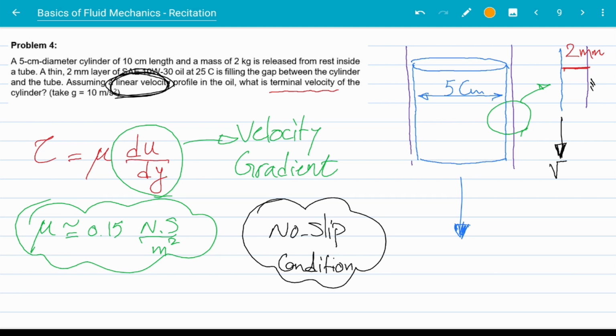Take into account that the problem suggests a linear velocity profile. I get a velocity profile like this. So the orange vector here is V, and this is the velocity profile. Now let's try and write an equation for this orange velocity profile.